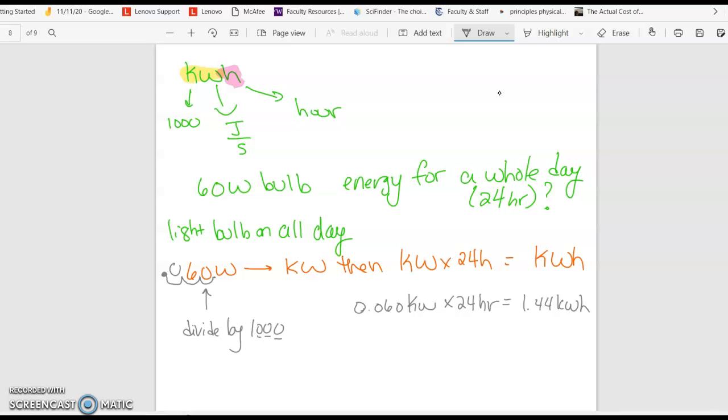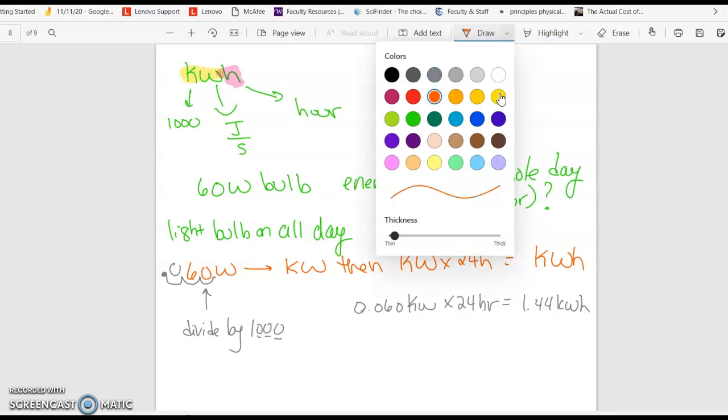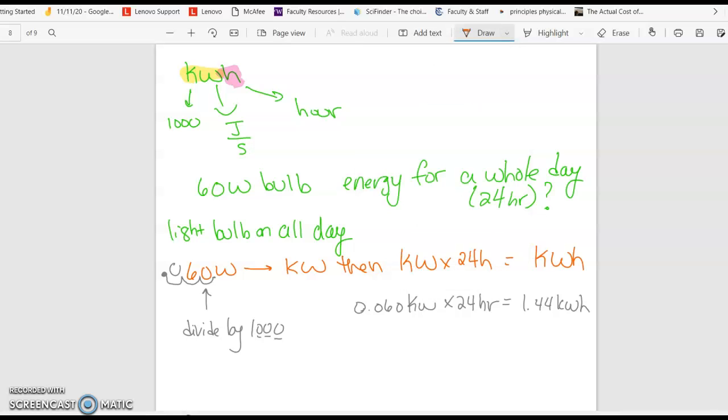All right. Now the other way you can turn this into kilowatts, because sometimes the conversions are not clean cut, right? The only reason we were able to move that decimal point so easily is there was a 1 here. So we literally just counted zeros. If there isn't a 1 there, it's not so simple. So the longer way that would work all the time is you would say, how many watts are in a kilowatt?